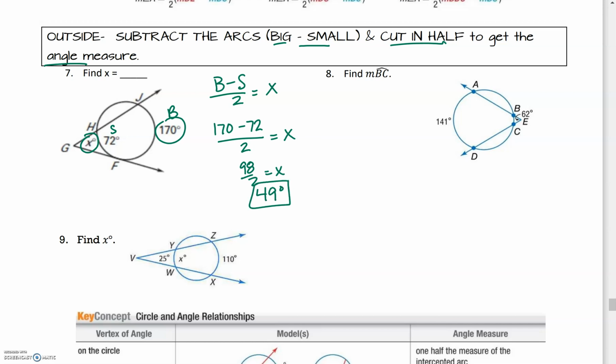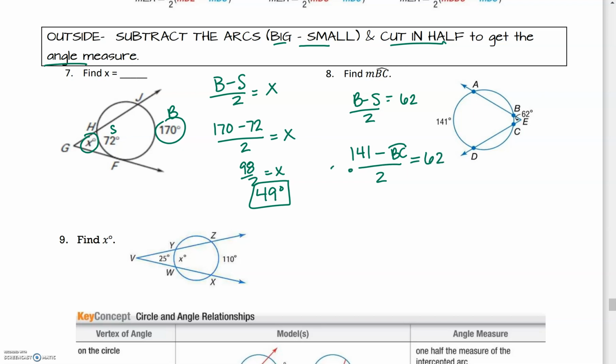Now this one, it looks like we're going to have to work backwards. We have the big minus the small divided by 2 equals your angle, which we know is 62. So big is 141 minus the small arc we don't have, so we can leave that as S or X, or arc BC, whatever you want, divided by 2 is equal to 62.